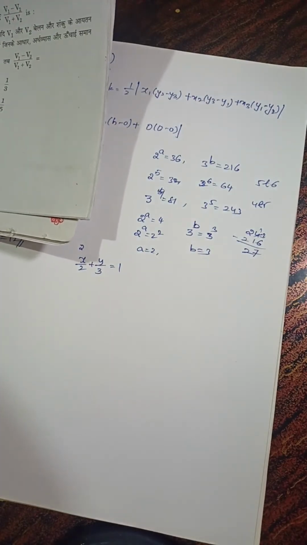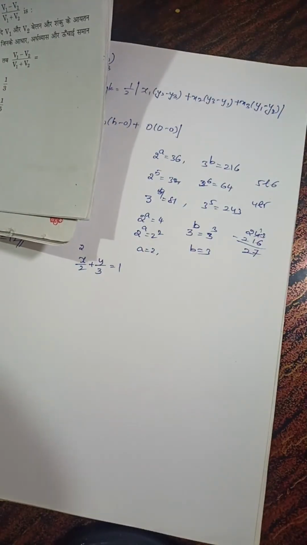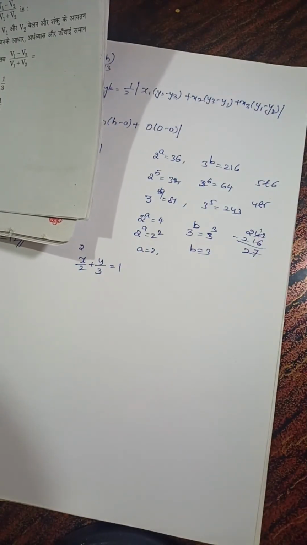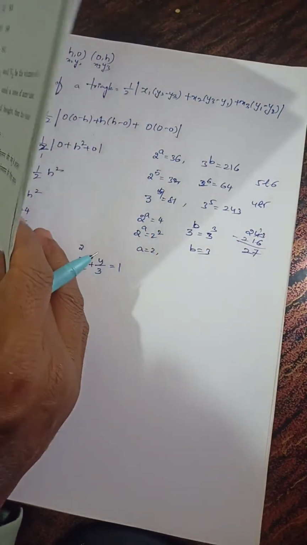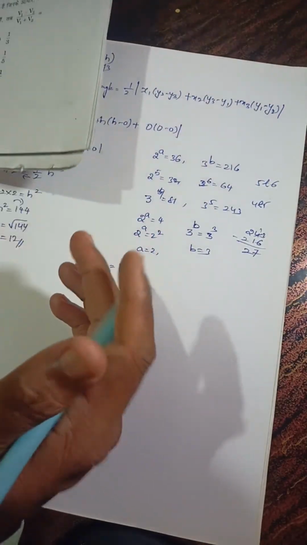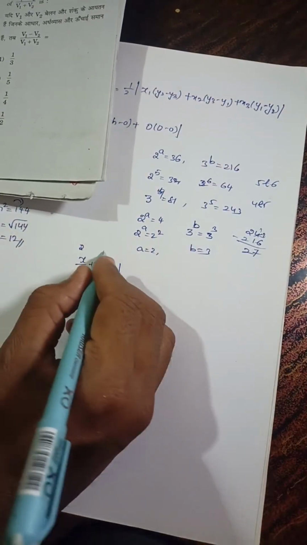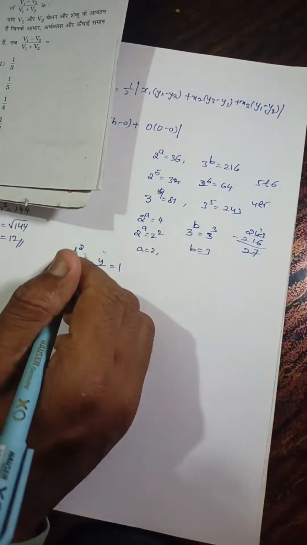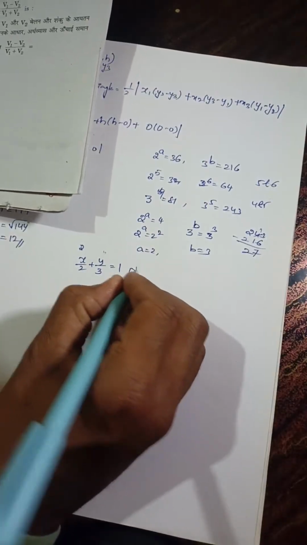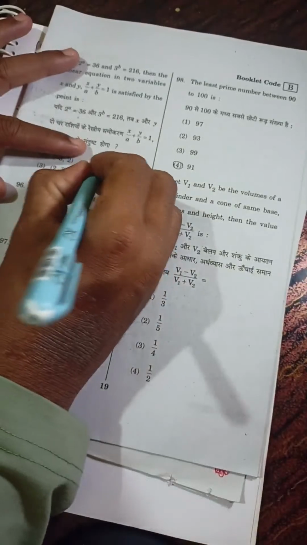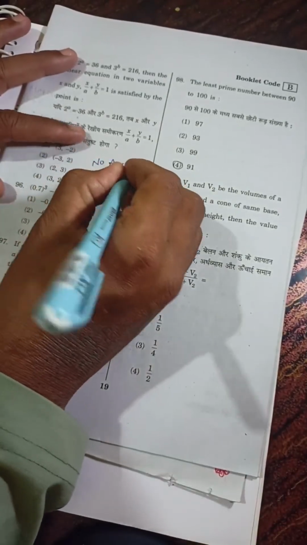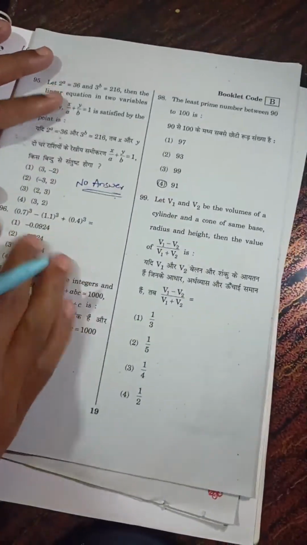So there is no correct option for this one. Why? Because if you substitute here 2 and 3, and you try 3 and 3, 9 also, no option works.